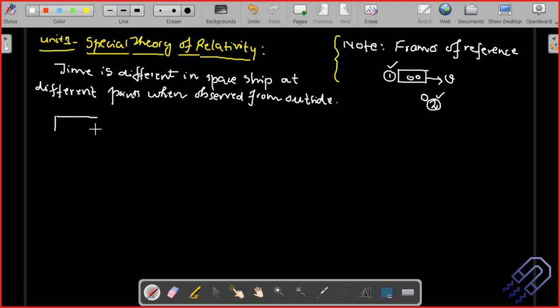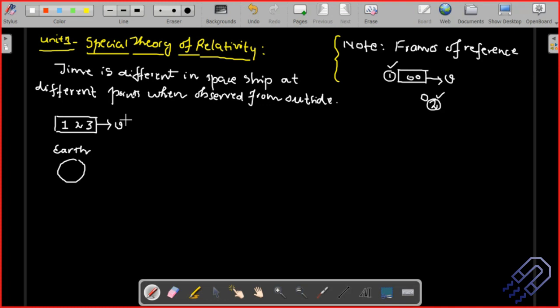So maybe this is a spaceship, and maybe you are trying to observe it from Earth. Maybe this is the Earth, and you observe some event here, some event here, and some event here. This spaceship is moving with some velocity v.